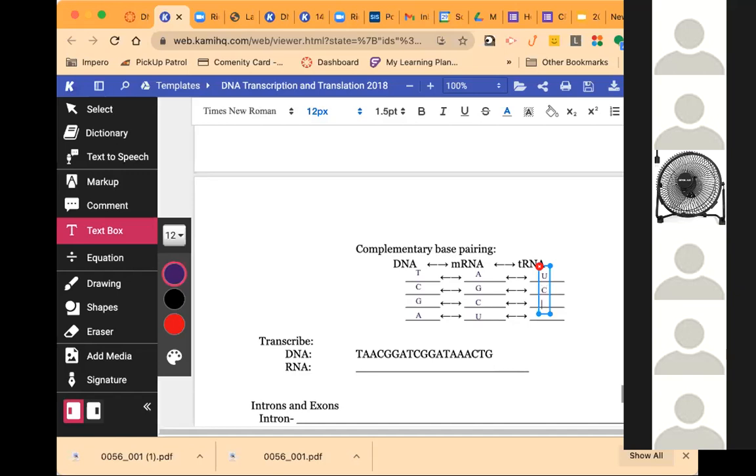Adrian, C pairs with G. Excellent. And Lucy, U pairs with... Would it be T? It would be, except there are no T's in RNA, and this is tRNA, so it's still RNA. So what would it pair with? A. Yep.